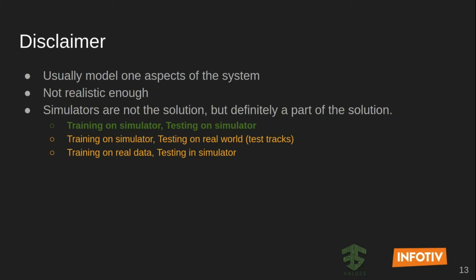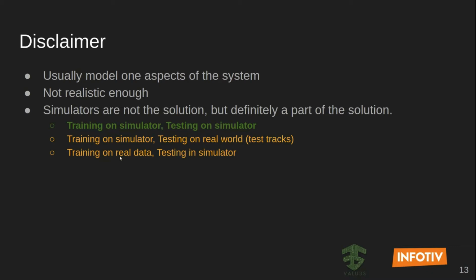There are other points where we can test with our simulator, like training our model on a simulator and testing it in the real world, which is very hard to reason about.